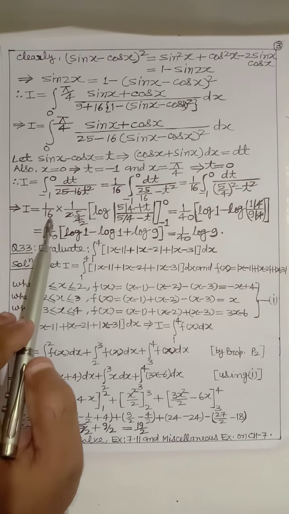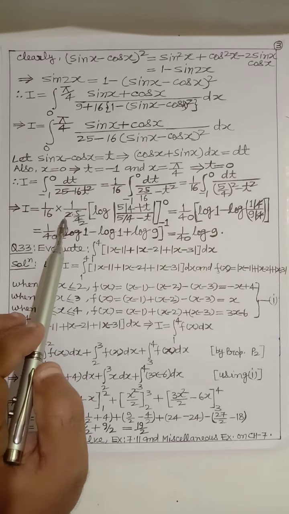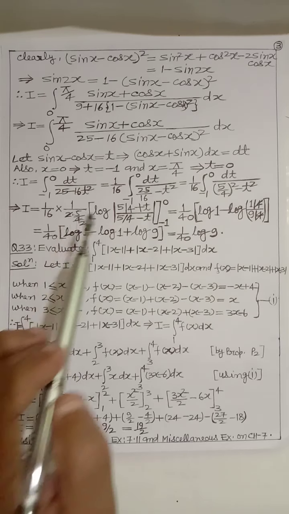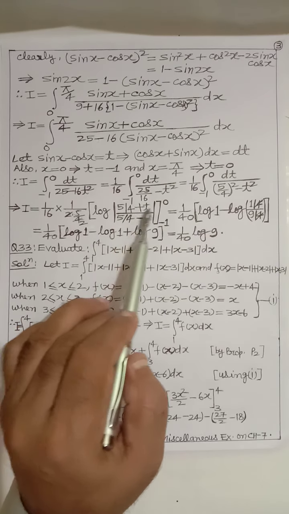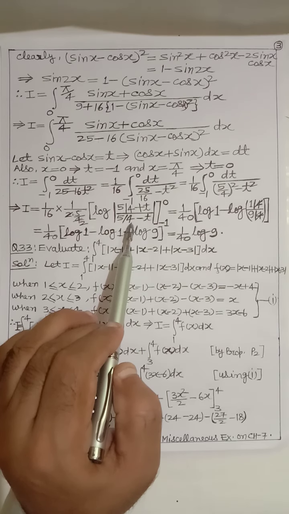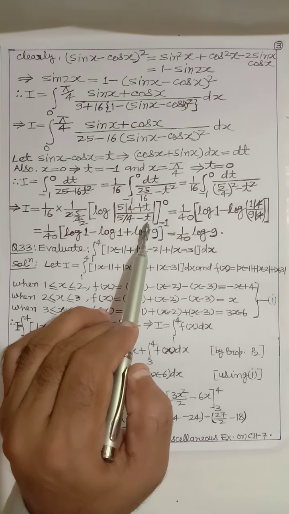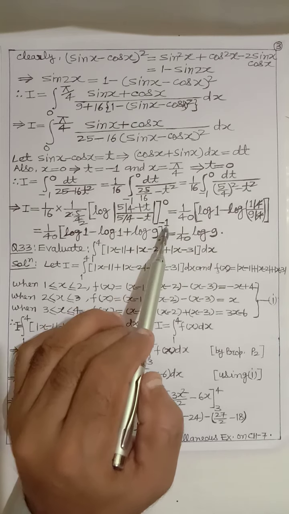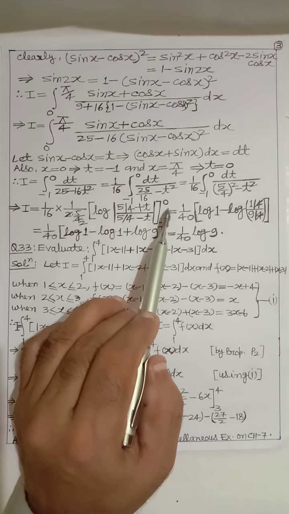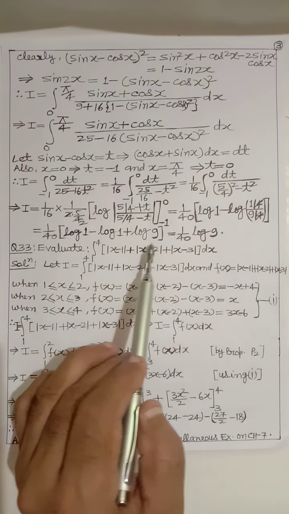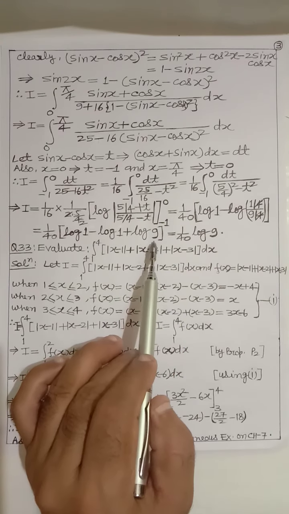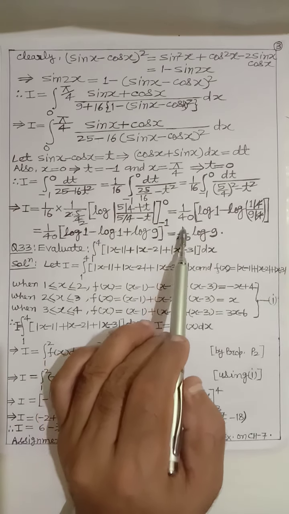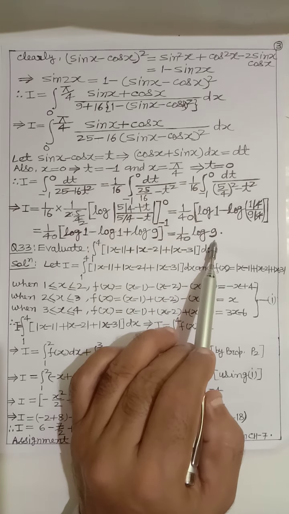I is equal to 1 by 16 into 1 by 2 into 5 by 4, log of mod of 5 by 4 plus t by 5 by 4 minus t, with limits from minus 1 to 0. Here we solve this, and you can understand easily, and finally we get 1 by 40 log 9.